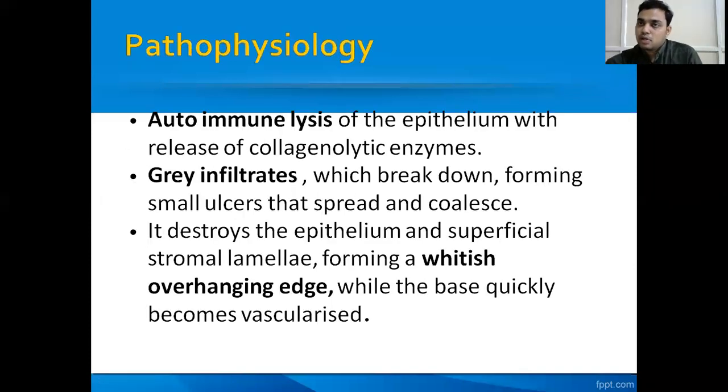Basically, there is an autoimmune lysis of the epithelium because of the release of collagenolytic enzymes. Because of this, a grayish infiltration is seen, which breaks down, forming small ulcers. These ulcers spread and unite, and destroy the epithelium and superficial stromal layer, forming whitish overhanging edges.